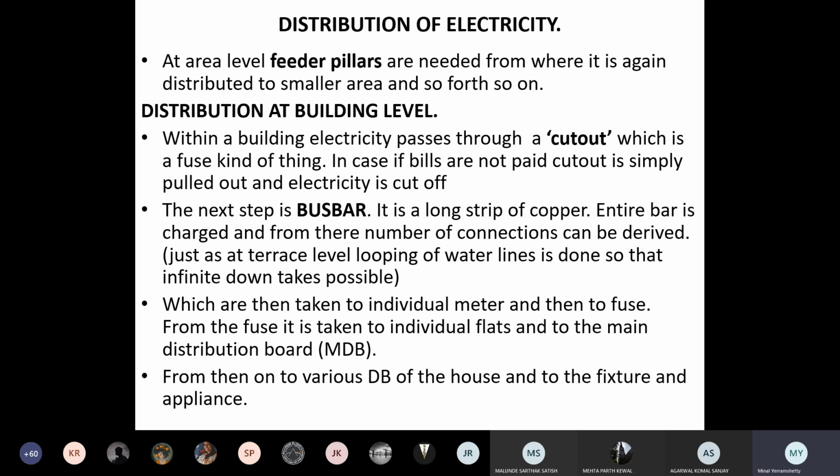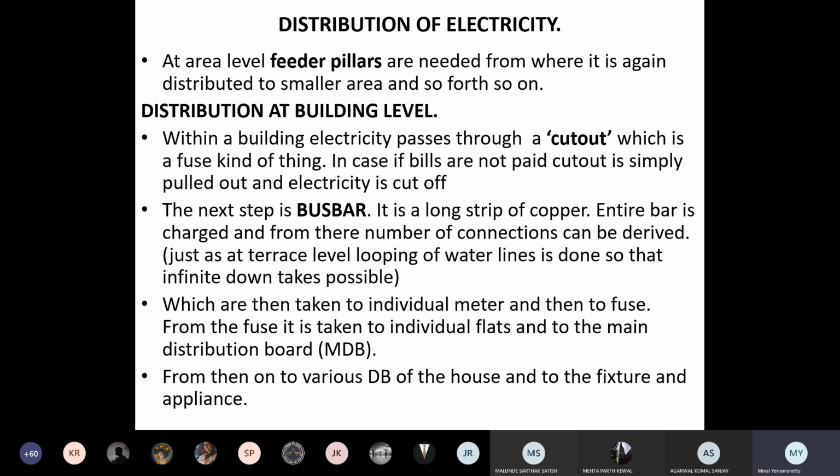So what happens to the electricity at the building level? Obviously there will be one conduit going underground coming from the substation. The substation supplies the feeder pillar. Feeder pillars are nothing but the boxes that you see out on the roads.